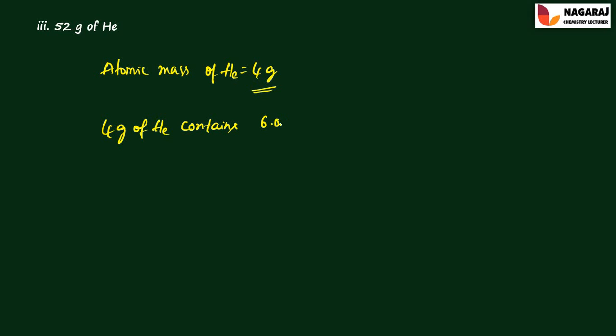And next let us see how many atoms are there in 52 grams of helium. That is, the atomic mass of helium is 4 grams, right? So atomic mass of helium is equal to 4, to be expressed in grams, that is 4 grams of helium contains 6.022 into 10 to the power 23 atoms of helium.